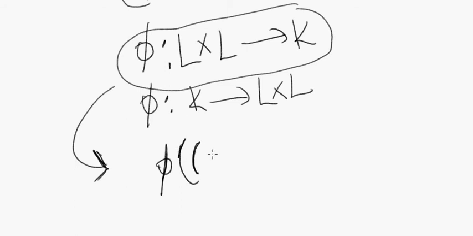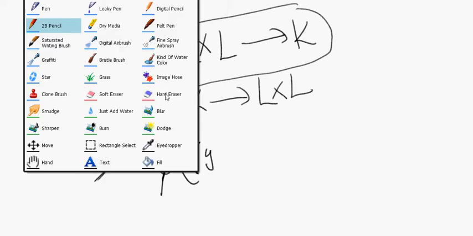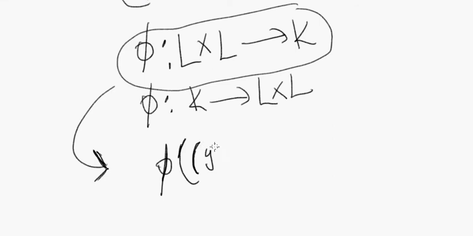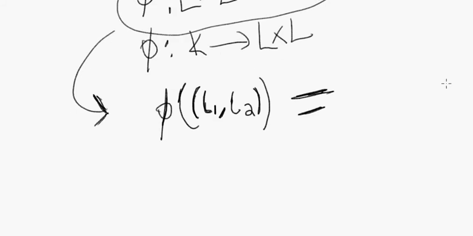Again, we need to create an isomorphism that takes elements L1 and L2, and the question is, what's that going to equal? Phi of (L1, L2), what's that going to give us in K? Can it give us something that actually guarantees us an isomorphism?